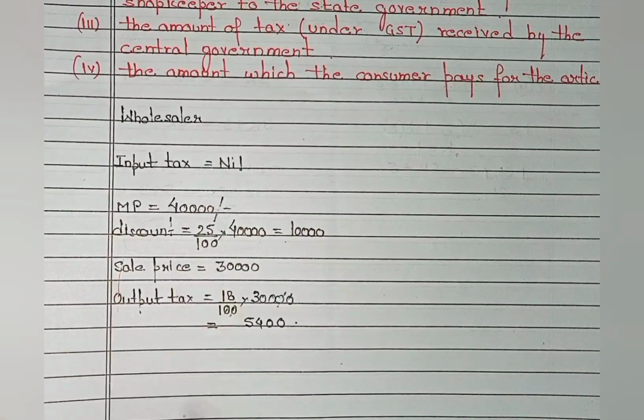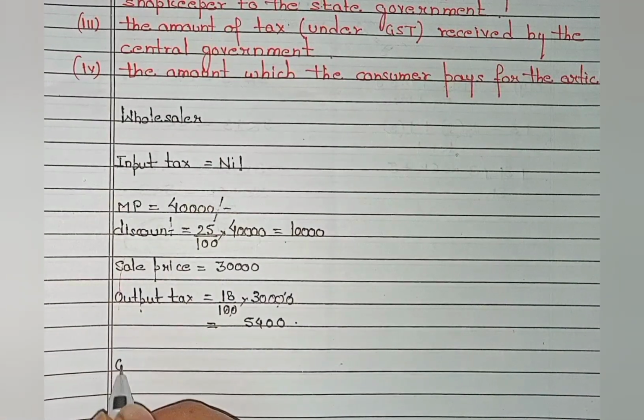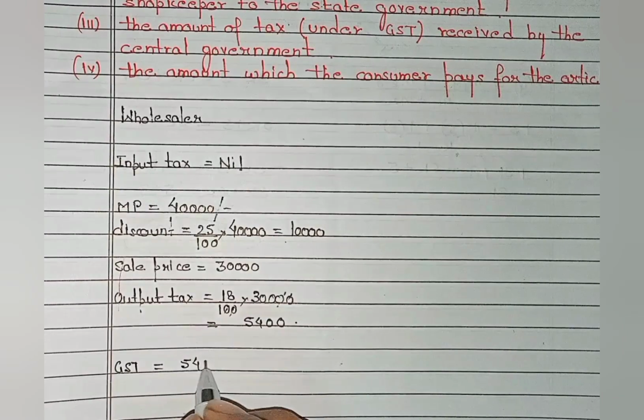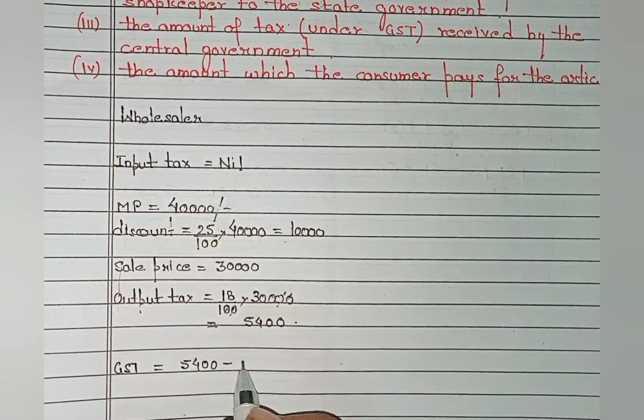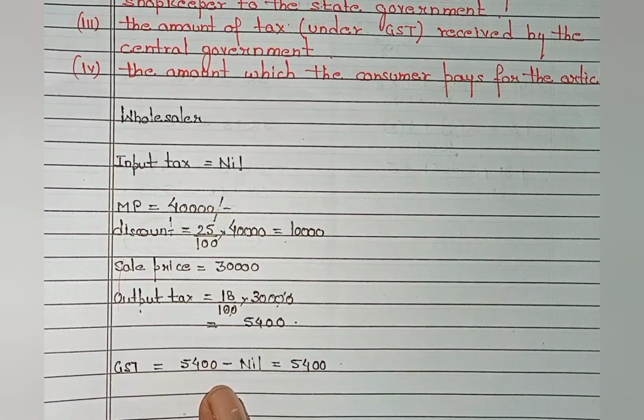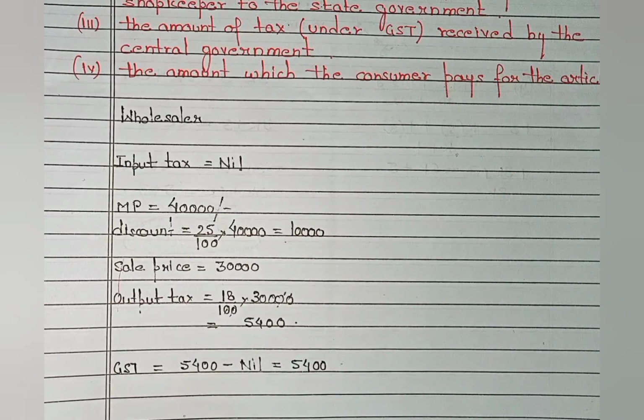Now the difference of these two will give us the GST. The output is 5,400, input that is nil. So the difference is 5,400. So that is the GST for the wholesaler.